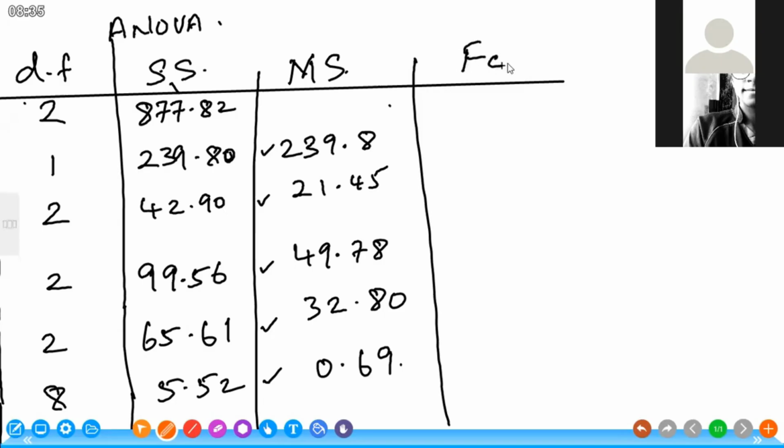Right, we can calculate the values. What is the F calculated value for each of these cases, according to our knowledge now? Irrigation. What is the value? 11.17.